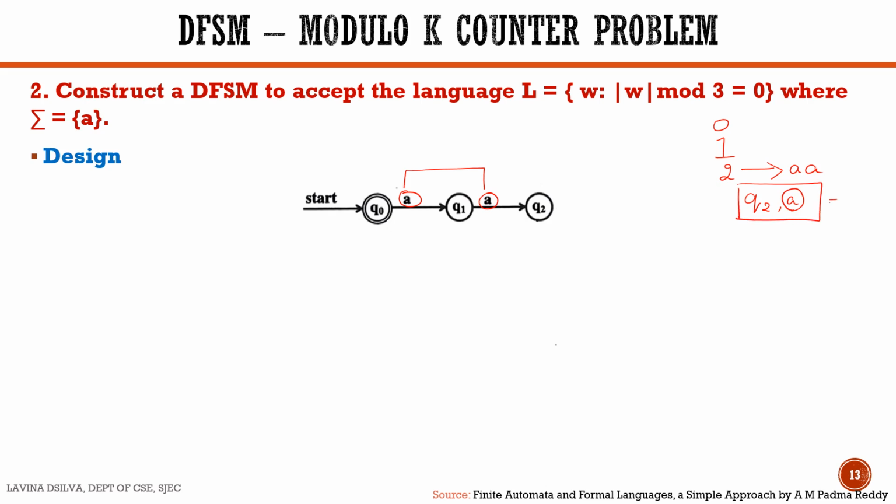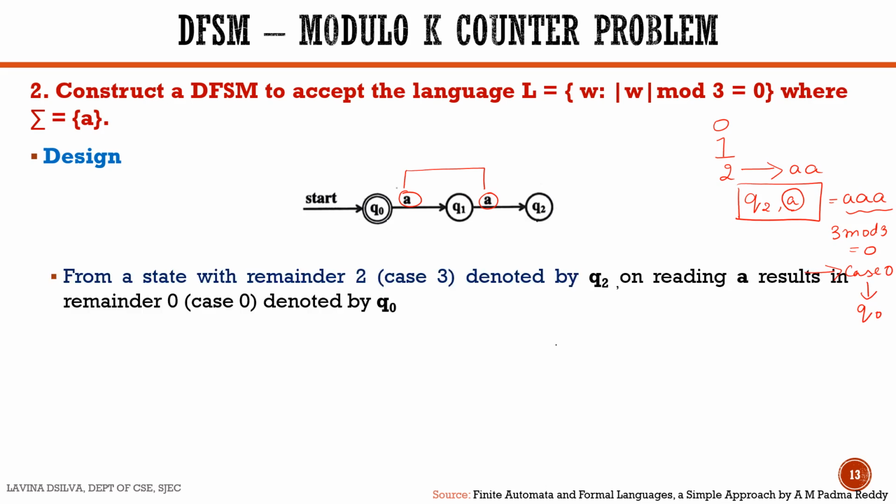What happens to the length of the string? It is 3. So 3 mod 3 will be equal to 0, and this goes to case 0 whose state representation is given as Q naught. Therefore, in state Q2 we see a, then we move back to Q naught state.